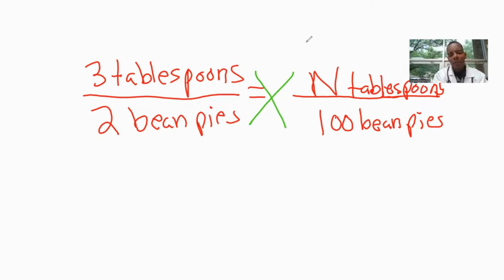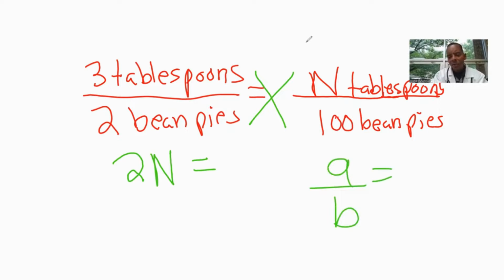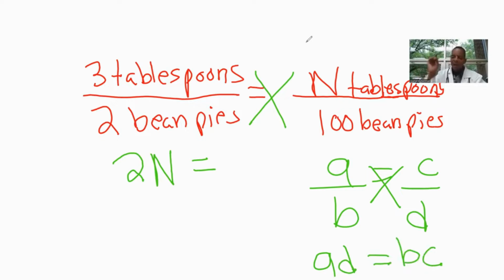So you multiply 3 times 100 and 2 times n. So 2 times n is 2n. That will be equal to, because there's a law in proportions that if you have two ratios and you do your Wakanda, multiply A times D will always equal B times C. That is a property of proportions, that when you, bam, do your Wakanda for life, the product of one will equal the product of the other all the time.